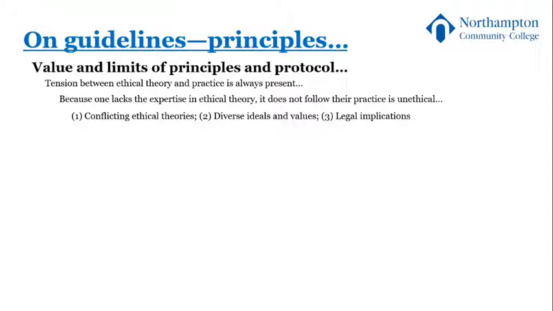Justice as fairness is a way to apply some standard to a pluralistic society. And here with these principles and protocol, we're just trying to give people guidelines to say this is how you act in a practical application. So it's a way to deal with the diverse ideals and values and not necessarily undermine them, but also not simply look for the lowest common denominator.